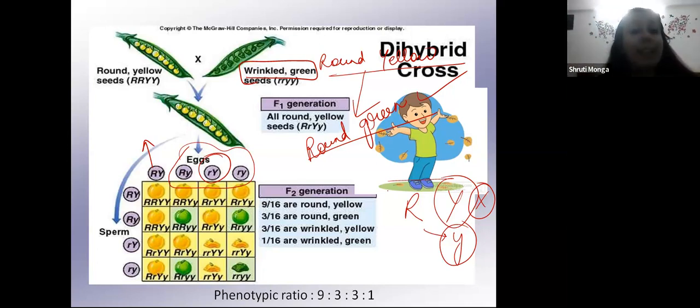They are independently distributing. That is why you get to see the new combinations. And this is the law of independent assortment. Nobody is dependent on each other. They are independent. That is why they are moving out and forming new combinations of seeds that you didn't see in the F1 generation. Got it or not?